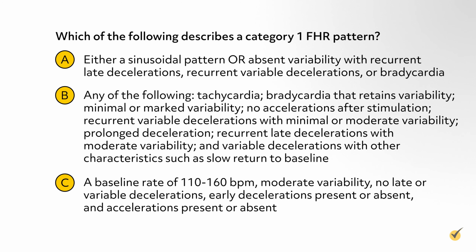C. A baseline rate of 110 to 160 BPM, moderate variability, no late or variable decelerations, early decelerations present or absent, and accelerations present or absent. Or D. None of the above.